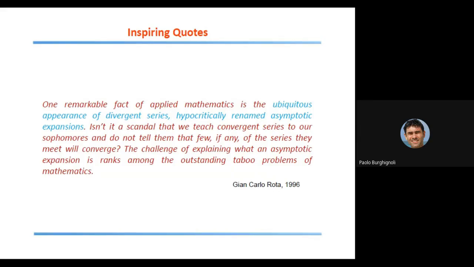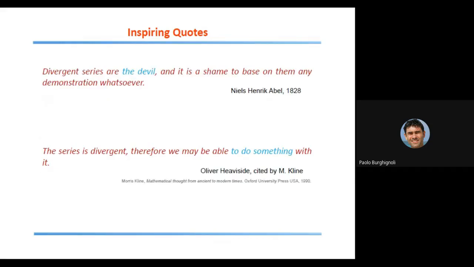Actually, that there is something scary in divergence was very clearly perceived, for example, at the beginning of the 19th century, when mathematical analysis was being formalized. The mathematician Abel was very worried about the use of divergent series, which, according to him, were the devil. So you should stay away, not even mention a divergent series.